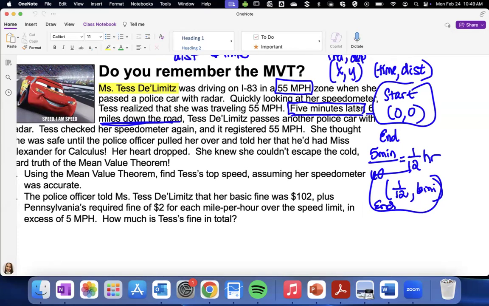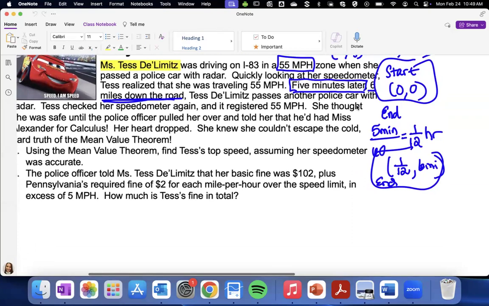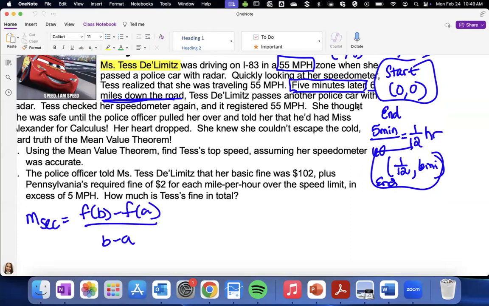So the mean value theorem means I'm going to first find the slope of the secant line of those two coordinates. The slope of the secant is f of b minus f of a over b minus a. It's the difference in y's over the difference in x's. Think of it as y2 minus y1 over x2 minus x1.